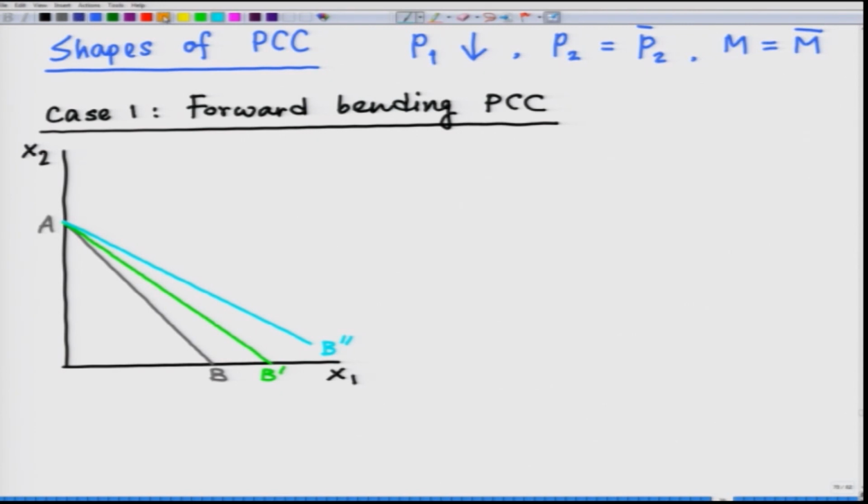So, now let us superimpose these indifference curves. The initial budget line A B makes a tangency with this indifference curve depicting utility level U 1.